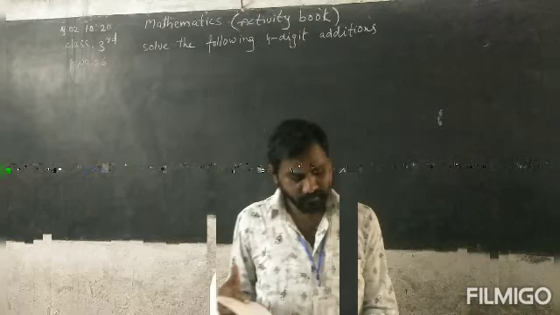Next, 5,371 plus 3,426. The given numbers, first of all, you arrange in column wise.